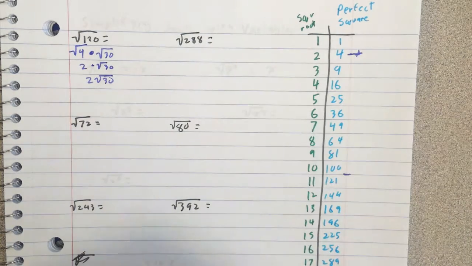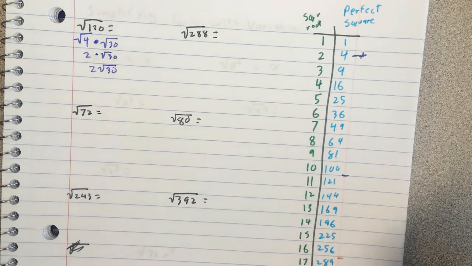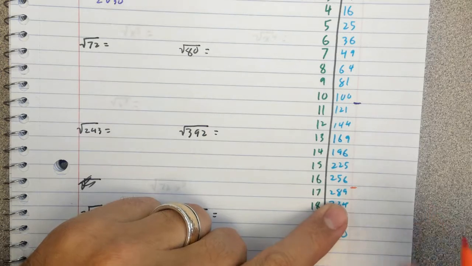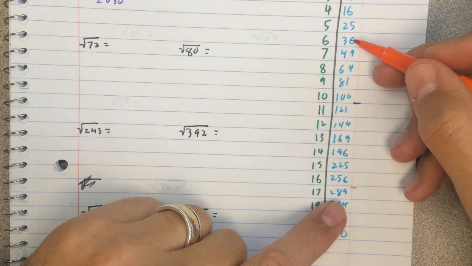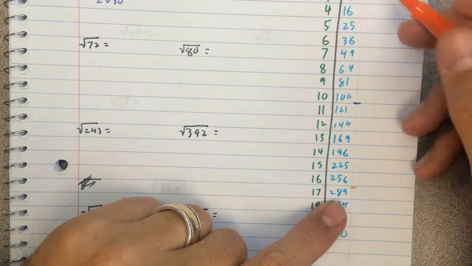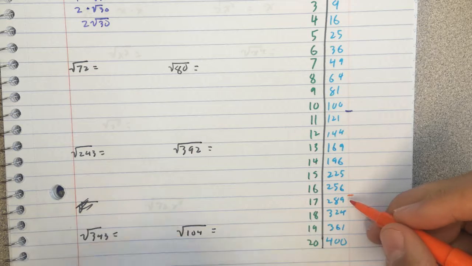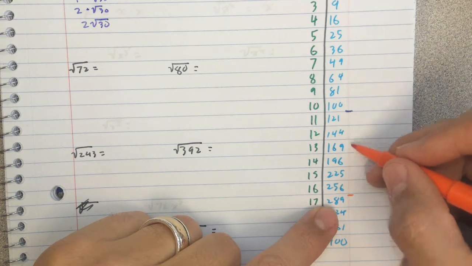Square root of 288. 288 falls way down here, all the way down here, almost to 289. Now, last time we had to do 1, 2, 3, 4, 5, 6, 7, 8, 9 before we found the answer. If it's not a perfect square, what I typically suggest is going about halfway in between.